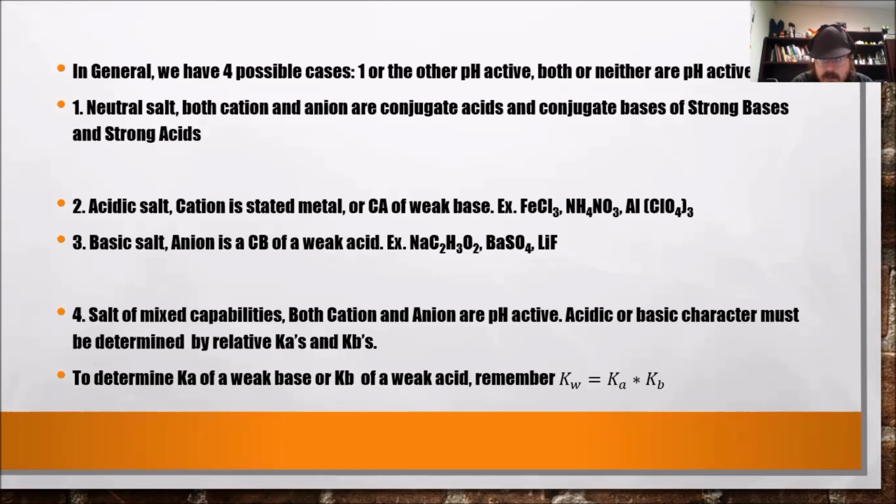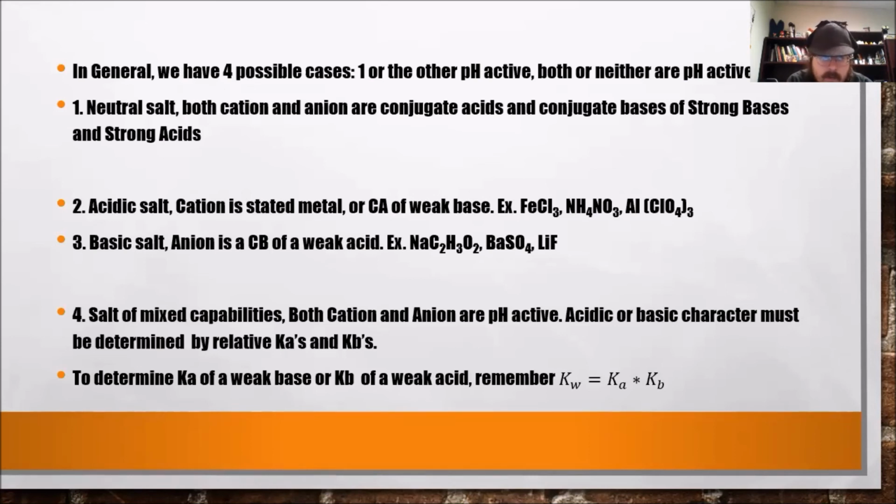But if I say sodium bicarbonate, well, bicarbonate comes from carbonic acid. Carbonic acid is a weak acid. So bicarbonate will act as a base, and so it will affect the pH.